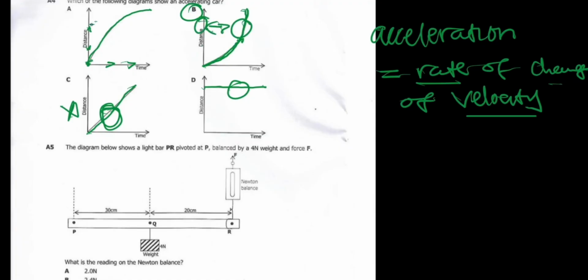When it is not steep, where it is going far away from the y-axis, just know that that is negative acceleration. But since the question is talking about the car that is accelerating, then option B is the best answer for us. So make sure you understand how these travel graphs work, how you can show that the car is accelerating or decelerating and so on.